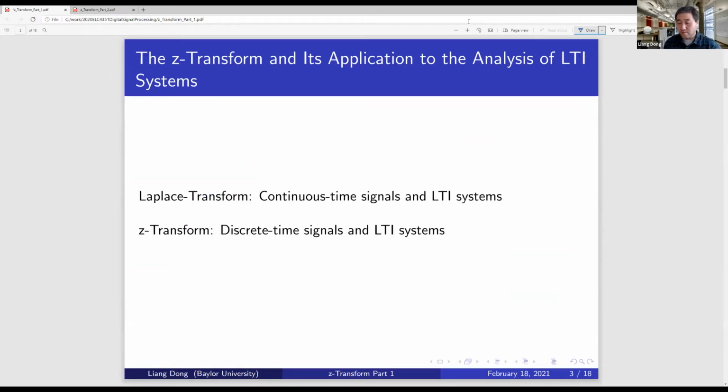From signals and systems, you have already learned another transform, which is the Laplace transform. Now, do you still remember the function expression for the Laplace transform? If I have x(t), this is a continuous variable t, x as a function of a continuous variable, and we do a Laplace transform.